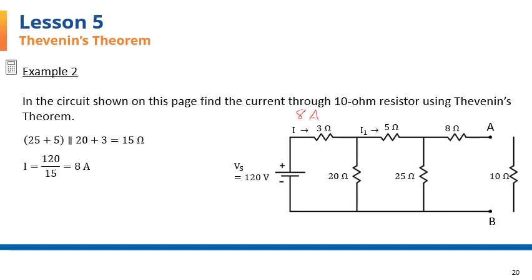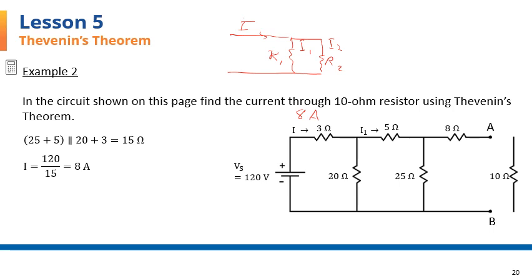I would like to explain something called a current divider. If you have a current such as I coming to a parallel combination of resistors, and let's call them R1 and R2, I is going to get divided in between two currents, I1 and I2, each going through one of these two branches.